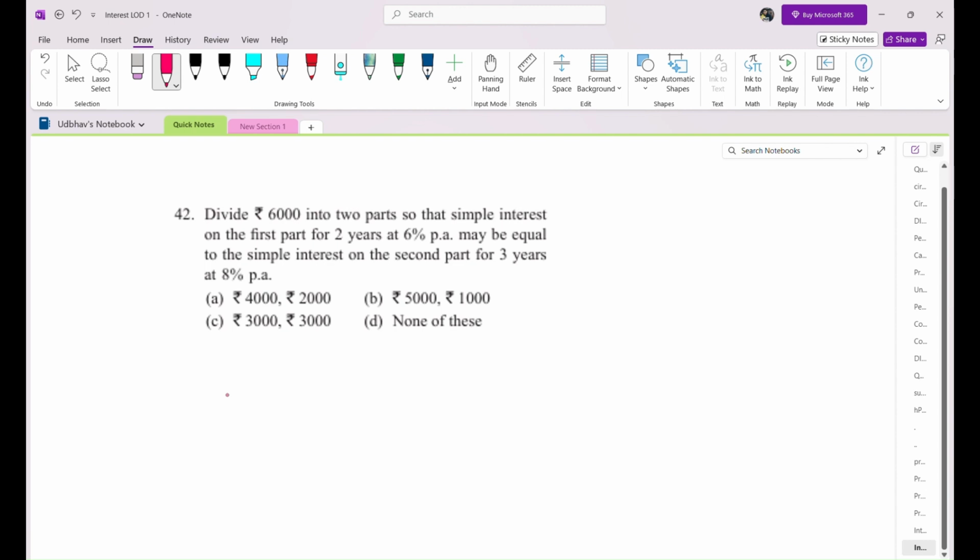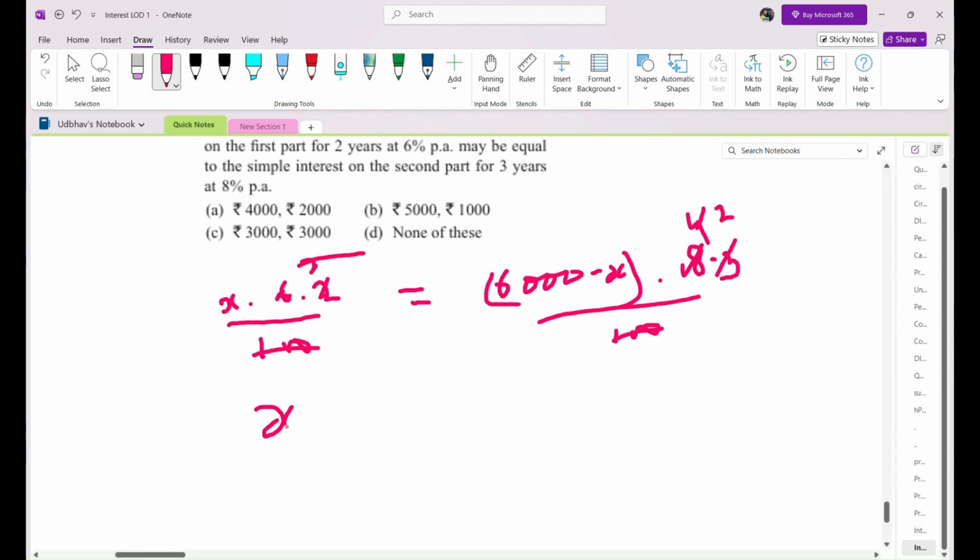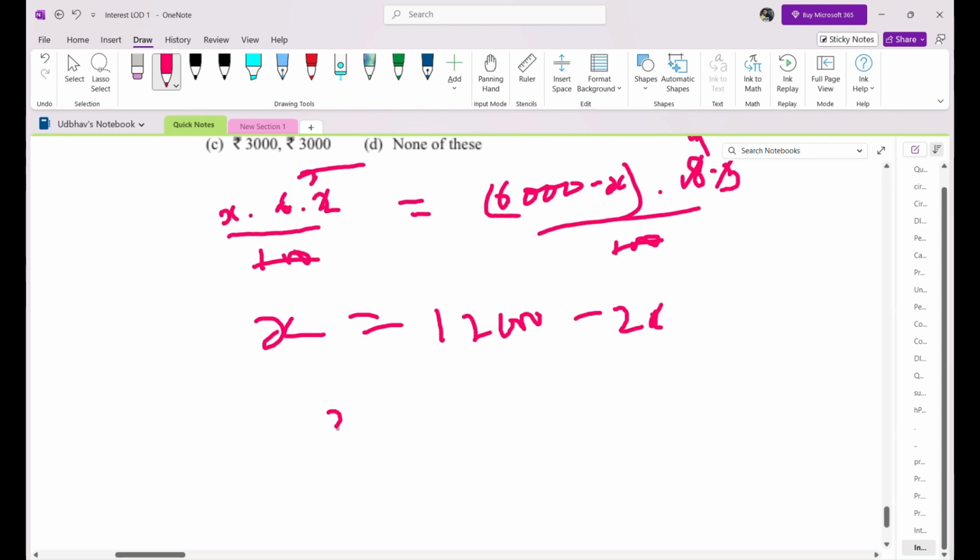For x we get the simple interest x into 6 into 2 upon 100, and that should equal 6000 minus x into 8 into 3 upon 100. 100 gets cancelled. 2x equals 12,000 minus 2x... 3x equals 12,000.